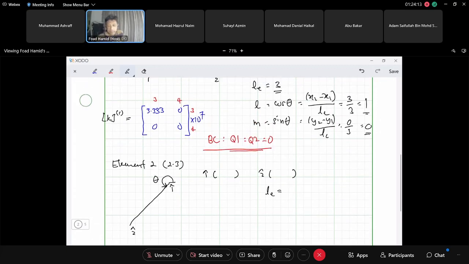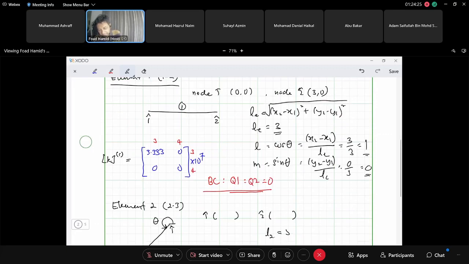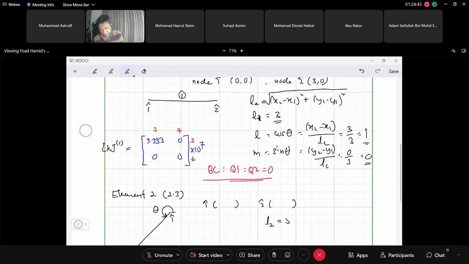Okay, I think I have my solution here. My solution says that my L is, sorry, let me just put here length of element number 2. This is length of element number 1. Never mind. So this is 5.